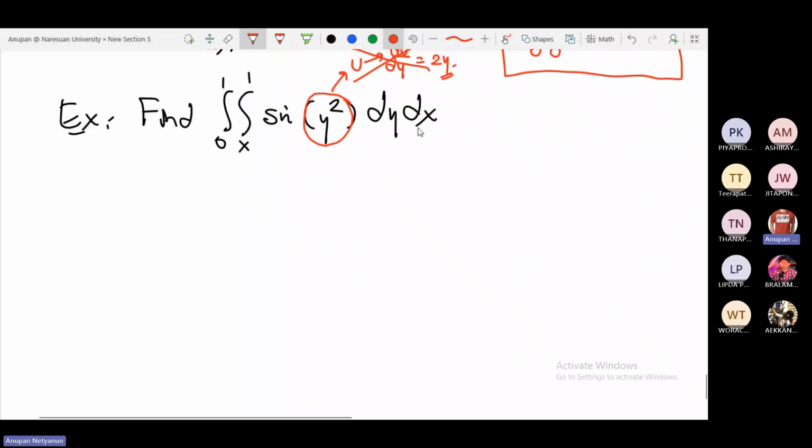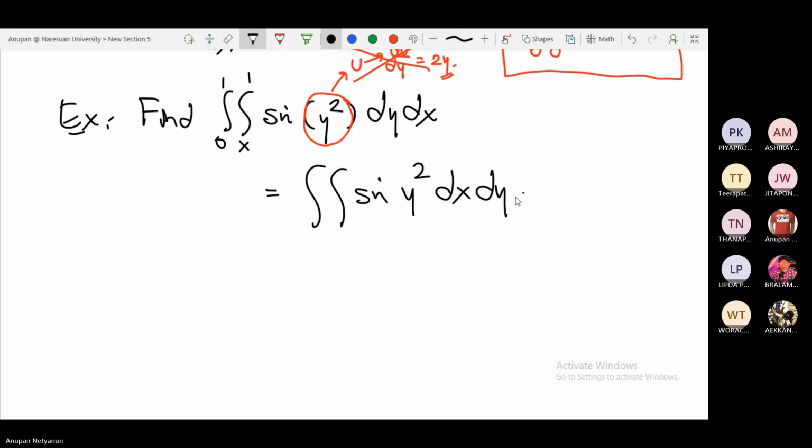So you might want to try to switch the order of integration, which is sine of y squared dx dy. Okay. Now, I notice that this is not a number, which means I is not a rectangle.